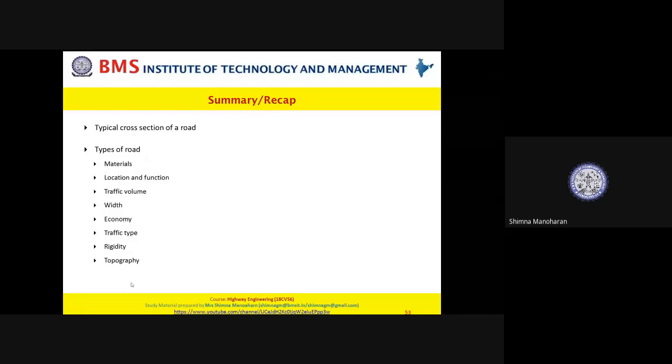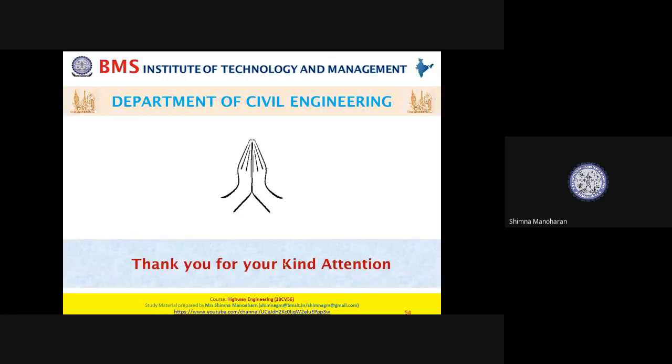So these are the topics that we have seen in today's class. In the next class, we will see the road pattern and how the road pattern is being influenced by the locality.